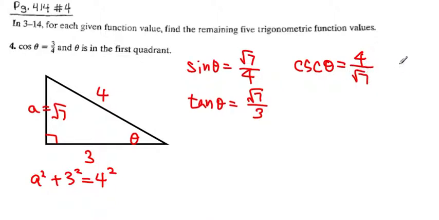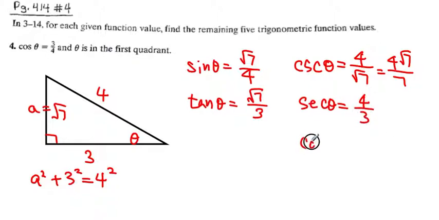If you want to rationalize the denominator, we end up getting 4 square root of 7 over 7 by multiplying top and bottom by radical 7. Now, secant theta is the reciprocal of cosine, so we end up getting simply 4 over 3. And cotangent theta, which is the reciprocal of tangent, we end up getting 3 over square root of 7, which will simplify into 3 radical 7 over 7.